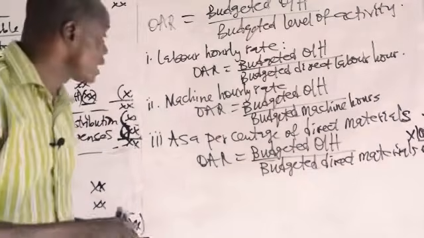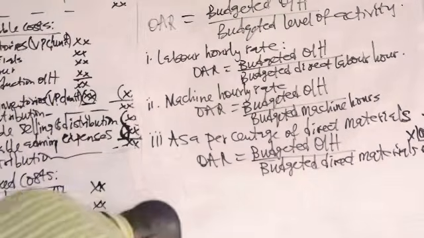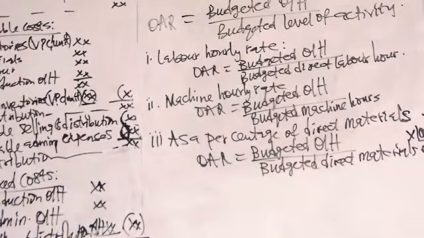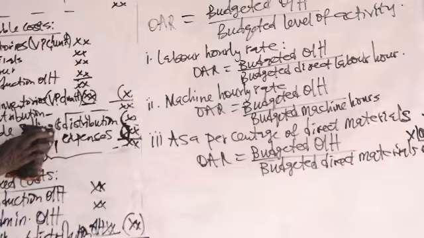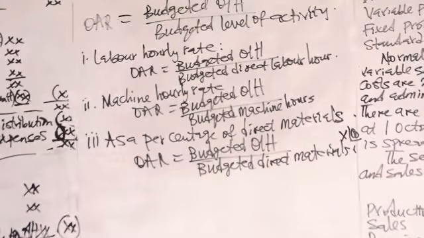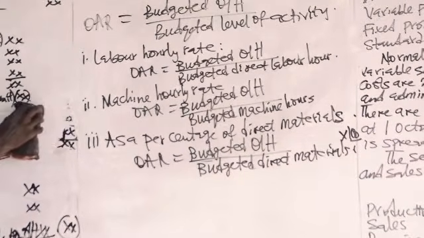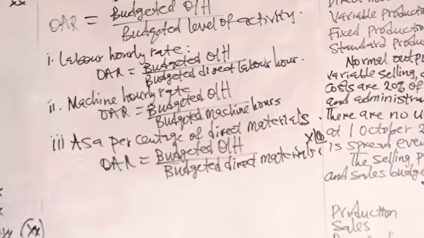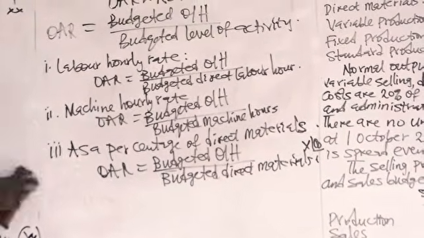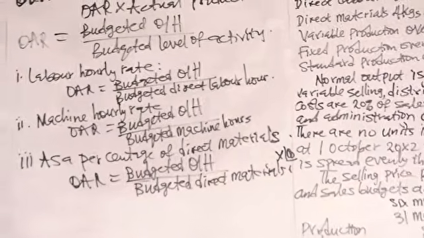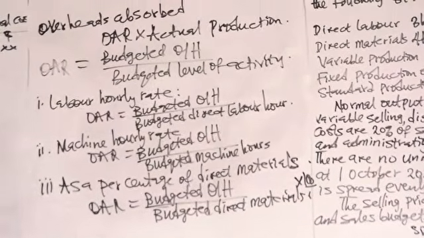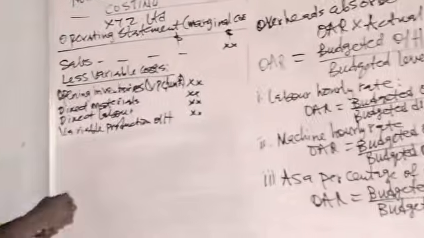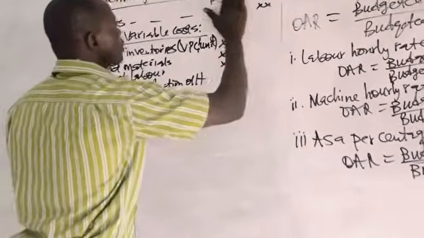So we want to take a worked example. Before I take a worked example, let me give you the format for preparing the operating statement under absorption costing. Now, this is for absorption.